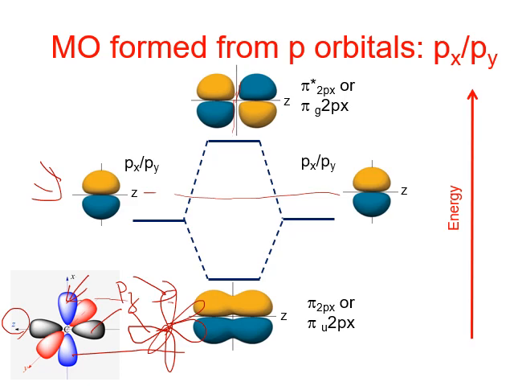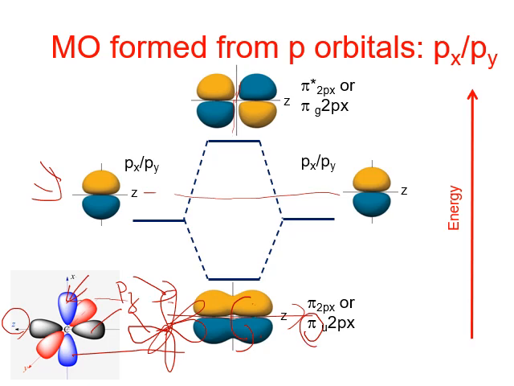Now if you rotate along the molecular axis, yellow color becomes blue, blue becomes yellow, so it changes sign, in other words, it is anti-symmetric along rotation of the molecular axis, and this is called a pi bond.